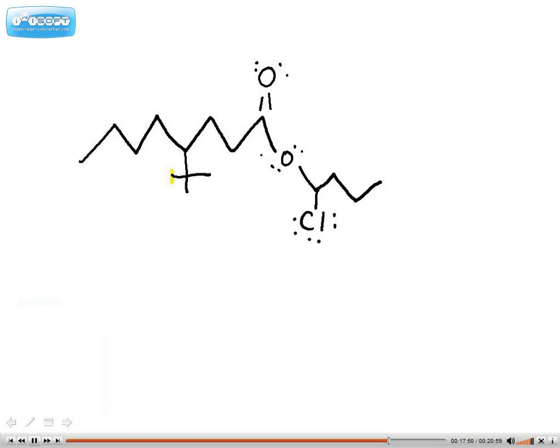So in this case, here I have the alcohol R group, and this right here would be a 1-chloro-butyl.